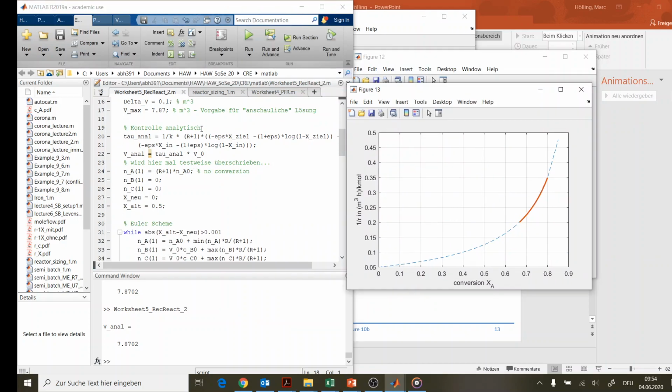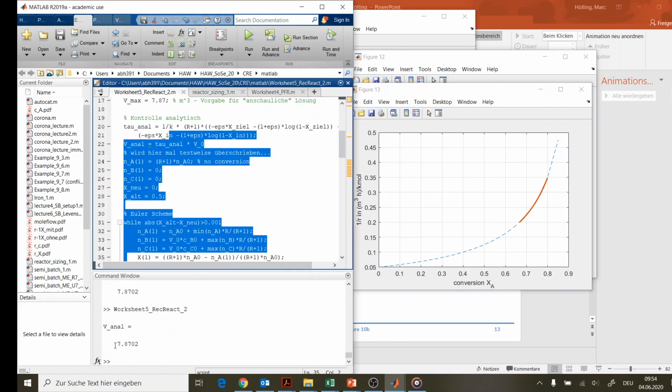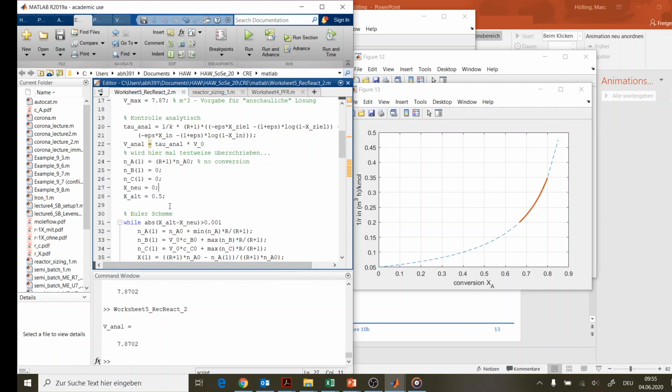So this is just the analytical solution. You can see here that I need a reactor size of 7.87 cubic meters. So this is quite good agreement with what I showed you in the last video with my analytical solution. Okay, then we need some initial values.